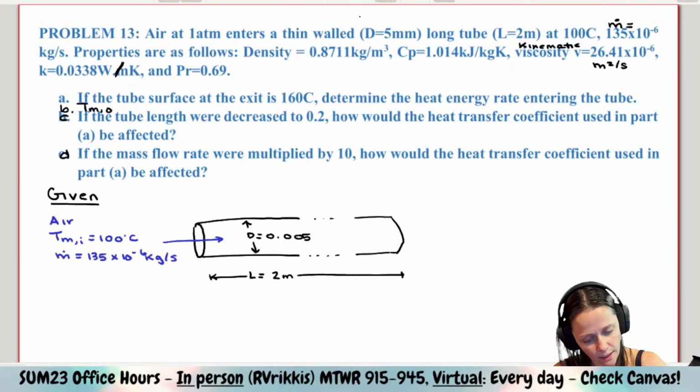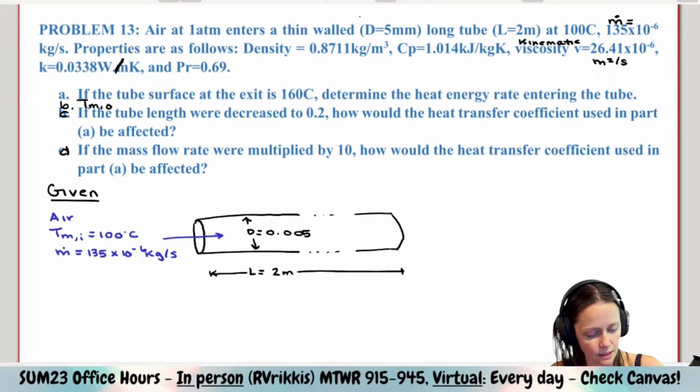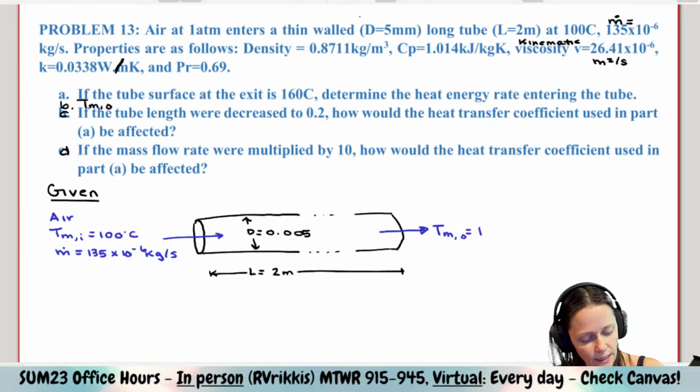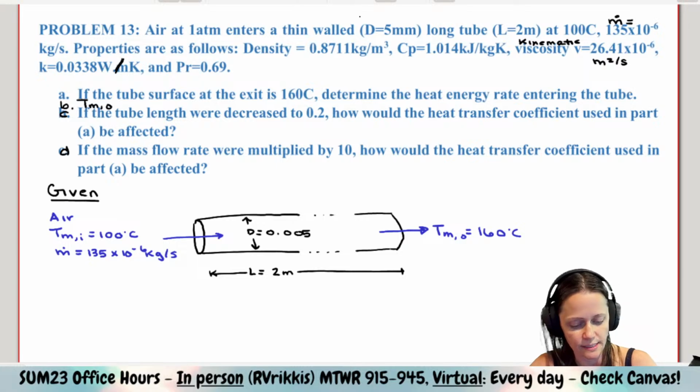And then we are given the mean outlet temperature. So our mean outlet temperature, and it's given right here in part A, is 160 degrees Celsius. And something that is missing from this problem statement is that the heat flux is constant.